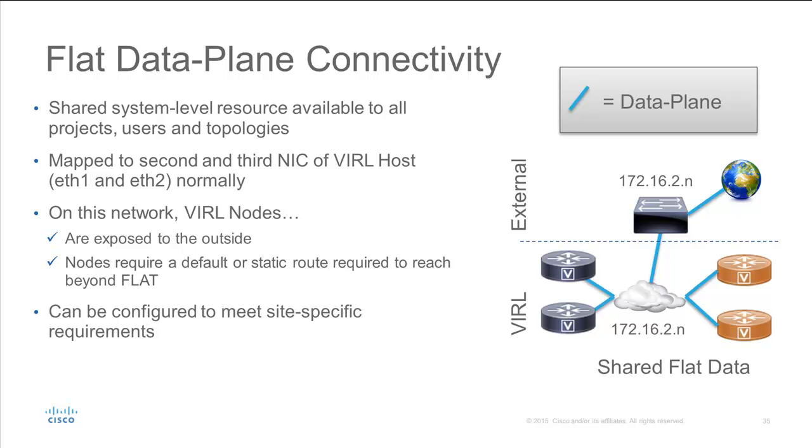There's also flat data plane connectivity. It's important to note that you can't use flat data plane connectivity and flat management plane connectivity at the same time. In this case, I would have to use a private or a private project management network, but the data plane interfaces for some of my routers could be connected to flat and therefore have their connections extended out beyond the host to something in the real world.